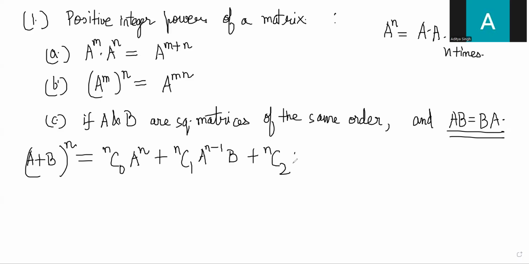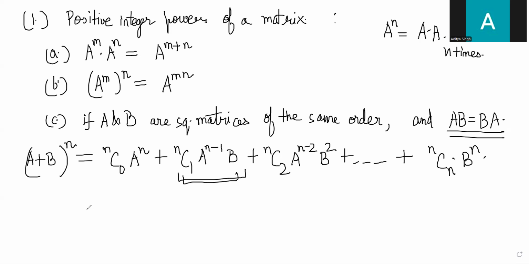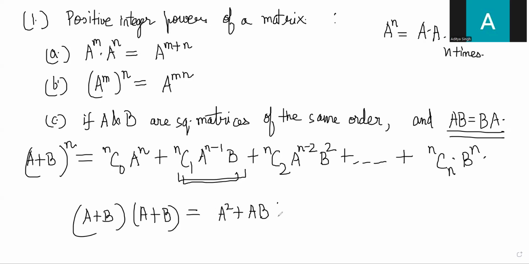Yes. This binomial theorem expansion will only be valid for commutative matrices. Okay. If it is not commutative, you cannot group them together. Do you understand? Yes. For example, if we take A plus B whole square, we would actually write it as A square plus AB plus BA plus B square, right?